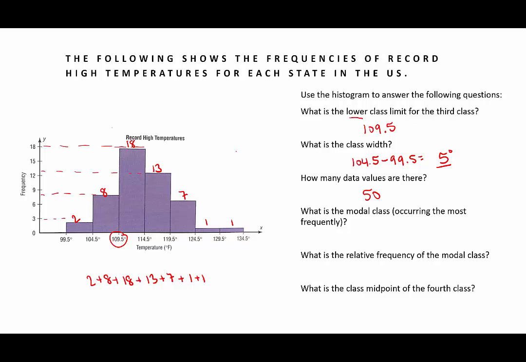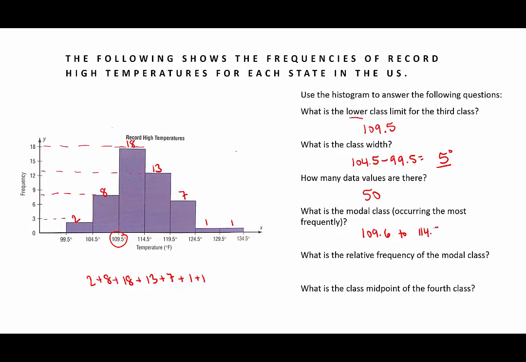What is the modal class, the one that occurs the most frequently? So we're looking for the tallest bar on a frequency distribution. The tallest bar is the 18, which means the modal class frequency, 18, is the number of states, but for the modal class, we look to the x-axis, would be 109. I'm going to call it 109.6 to 114.5.